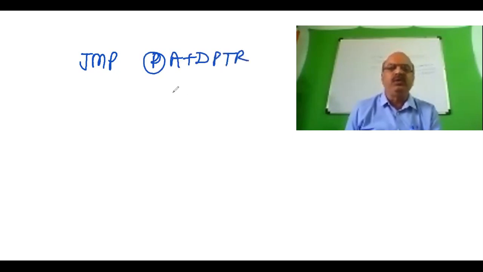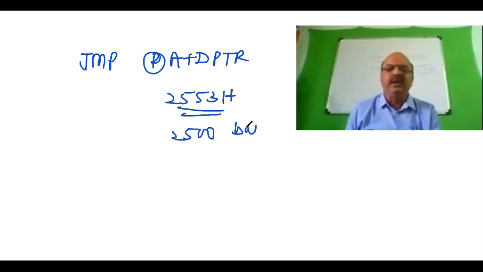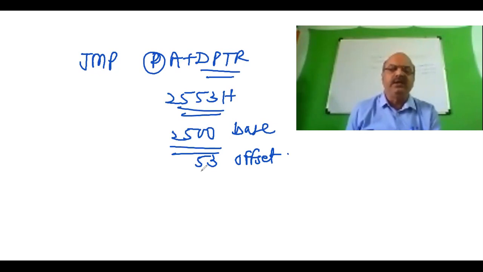Suppose I want to jump to the address 2553H. In this case, 2500 is considered as the base and 53 is considered as the offset. This base 2500 is taken in DPTR and this offset 53 is taken in the accumulator, that is register A.